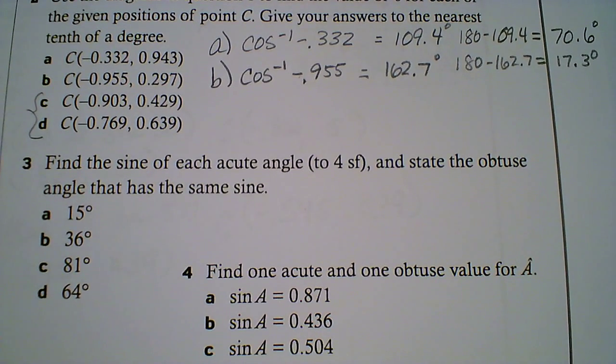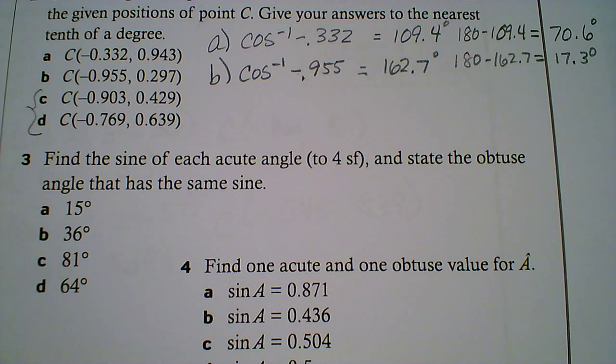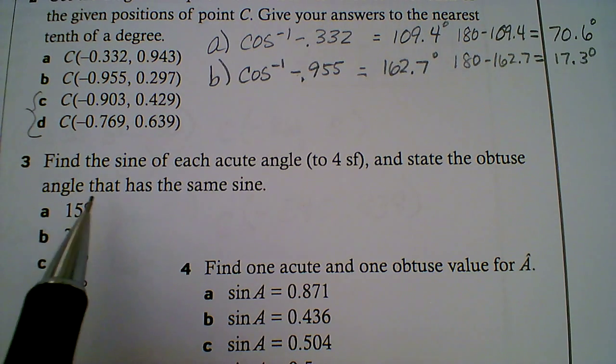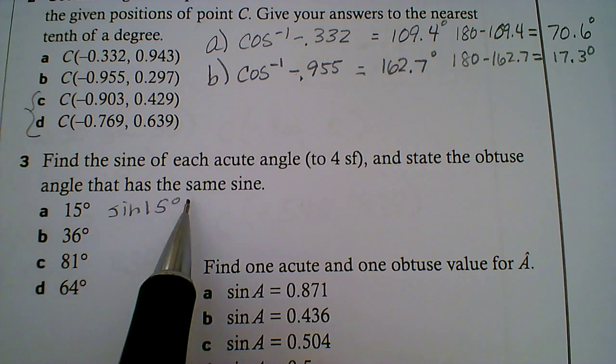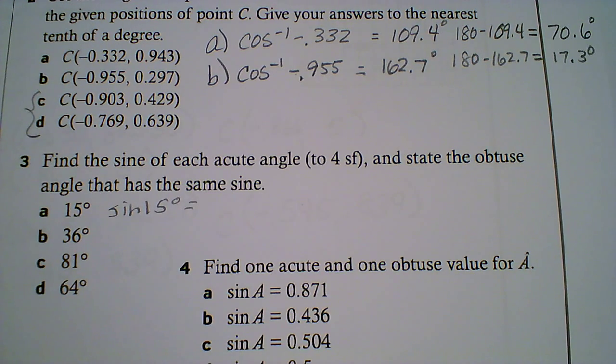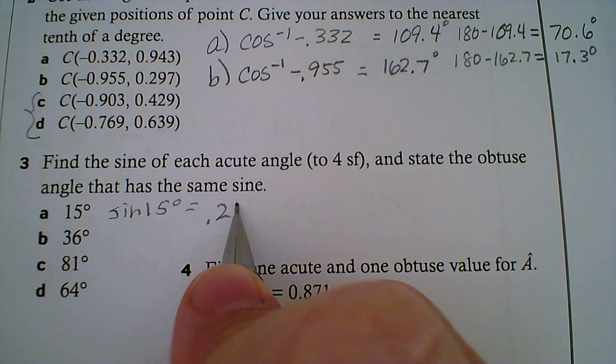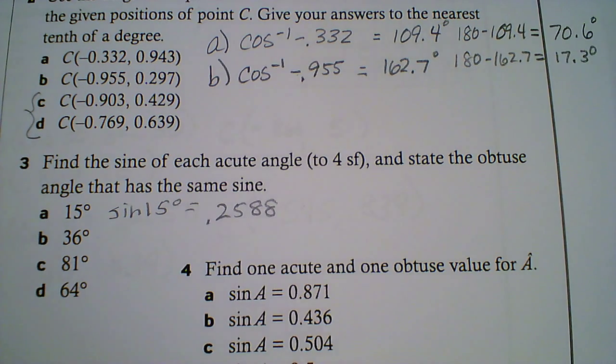Okay, the next thing has to do with finding the sine of each acute angle to 4 significant digits and then state the obtuse angle that has the same sine. So in this case, find the sine of each acute angle. If it's 15 degrees, we're going to find the sine of 15 degrees. And the sine of 15 gives us 0.2588.